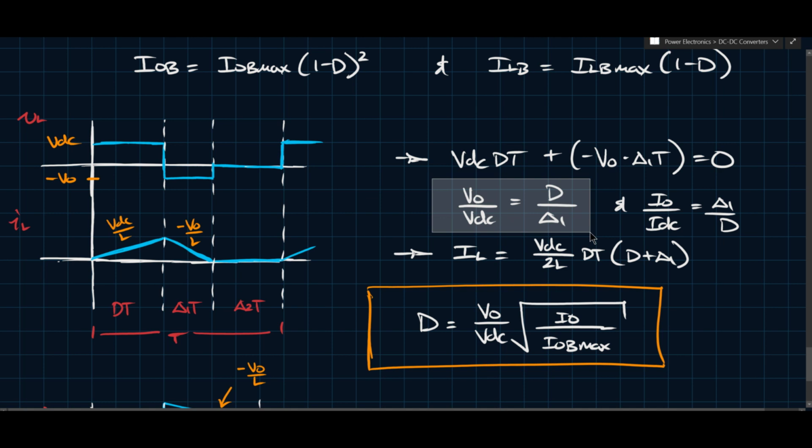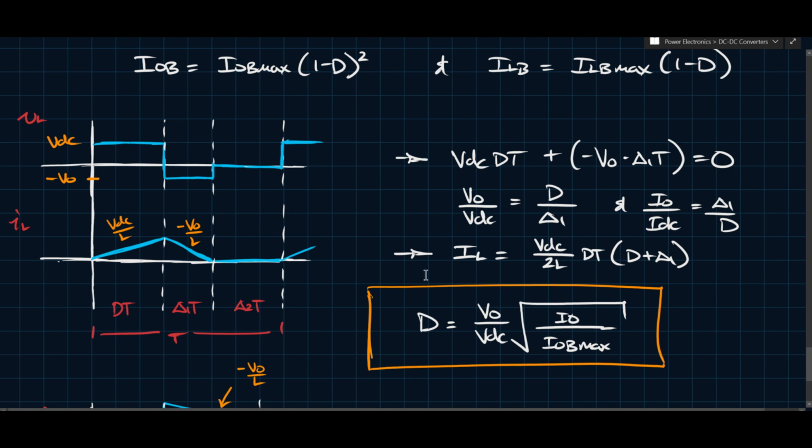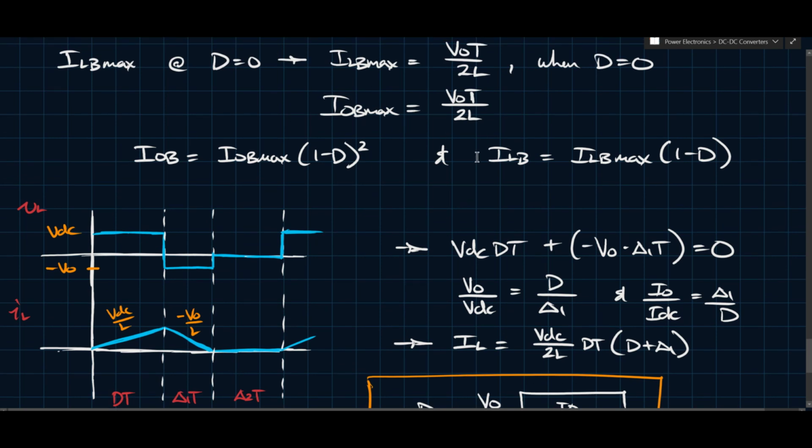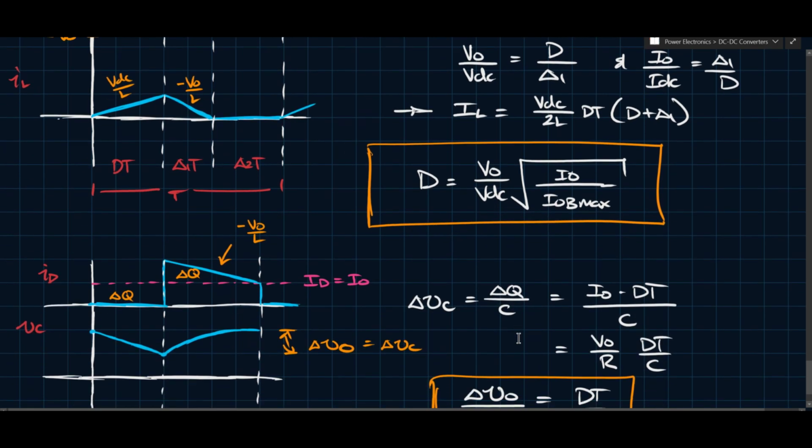And then based on this relationship, as well as the fact that this average current here, this IL, should be equal to the average of this, or the area under the curve of this part, which is the area of the triangle, which gives you this expression. Based on these two equations, as well as this IOB max here, we established this equation for the duty ratio.